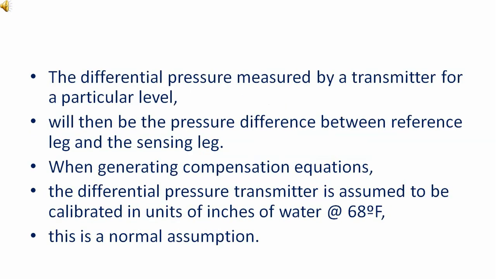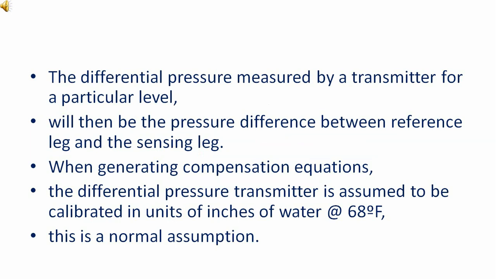The differential pressure measured by a transmitter for a particular level will then be the pressure difference between the reference leg and the sensing leg.